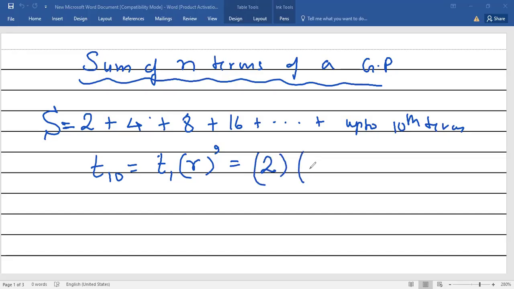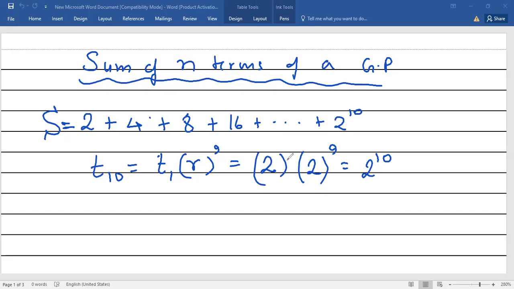We get 2 as the first term, and the common ratio is 2, so 2 to the power 9, so we will get 2 to the power 10. That means we have to find 2 plus 4 plus 8 plus 16 plus all the way up to 2 to the power 10.